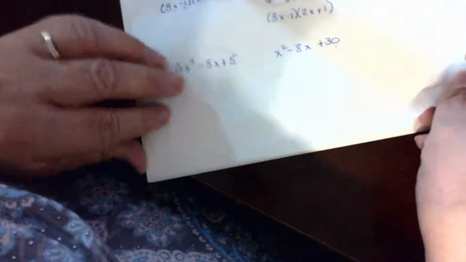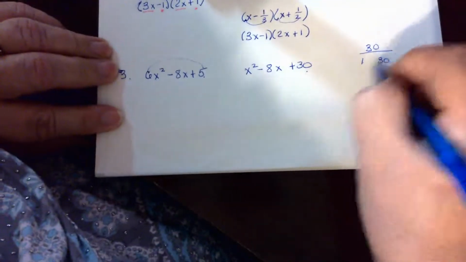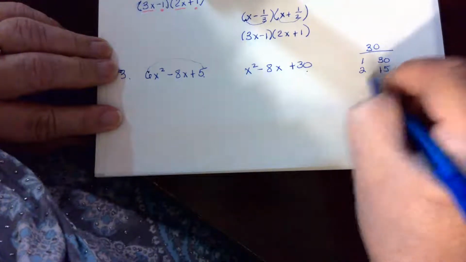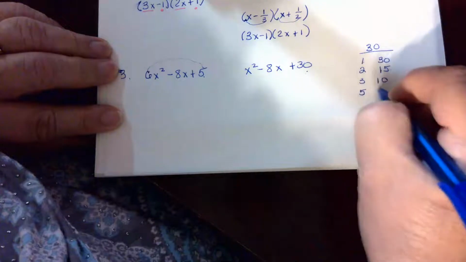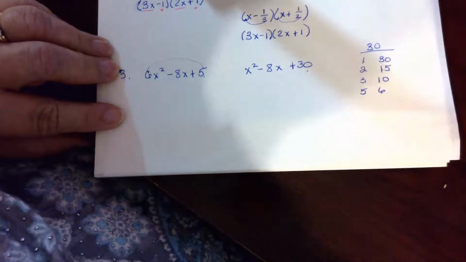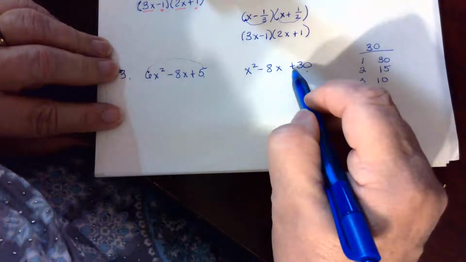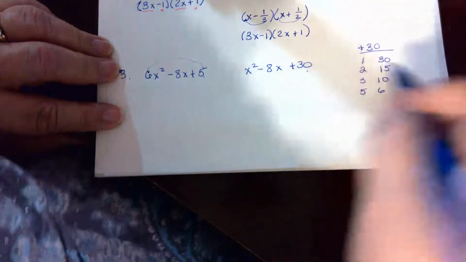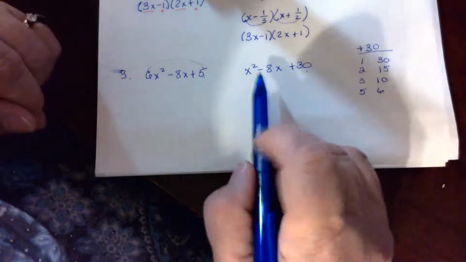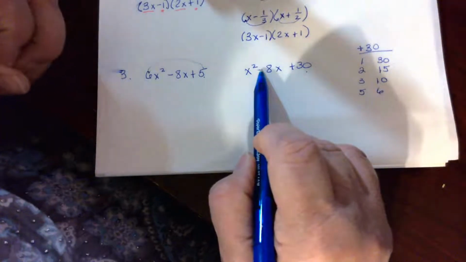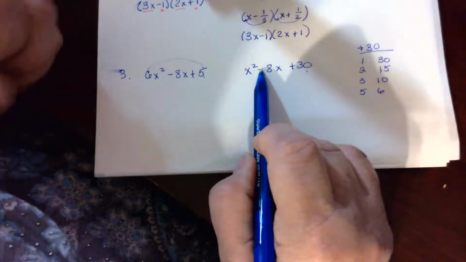Now I'm going to come over here to the side and write factors of 30. Okay, so since it's a positive 30, the signs are going to be alike. They could both be positive, they could both be negative. Since this is negative, I know they're going to both be negative.